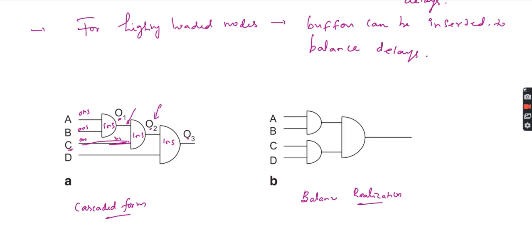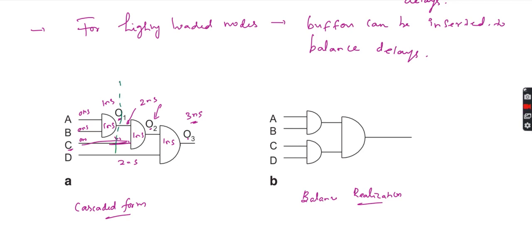Means after how many nanoseconds? After 2 nanoseconds, because this 1 nanosecond will be added with this. Then after 2 nanoseconds, O2 will be obtained. So the D value will wait for 2 nanoseconds. So now both will be executed at 3 nanoseconds, and I get the output. Now I can divide like this.